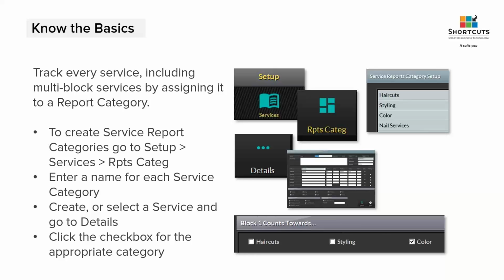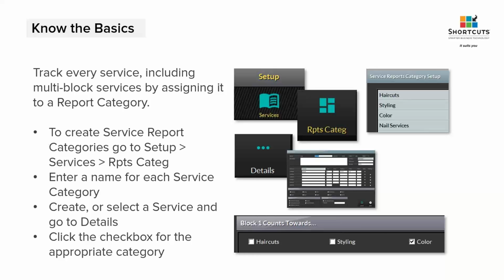If you're, let's say, a barber shop and you have perhaps one or two different main categories, such as you're either doing haircuts or you're doing mustache and beard services. So you would create a report category for haircuts or for beard services. And that's it. The others would remain blank. That way, when you create a service category, again for haircuts or beard services, you'll be able to track those independently.